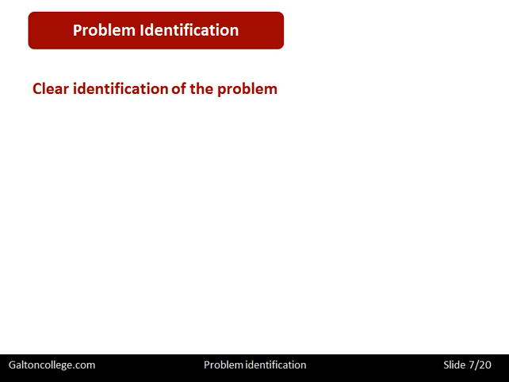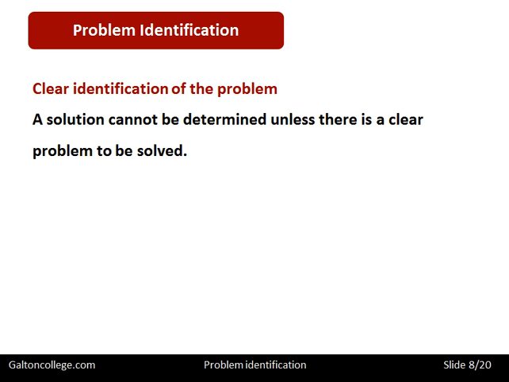So there should be clear identification of the problem. A solution cannot be determined unless there is a clear problem to be solved. The problem must be clearly stated, and for that matter the solutions, or the possible solutions, should also be clearly understood.